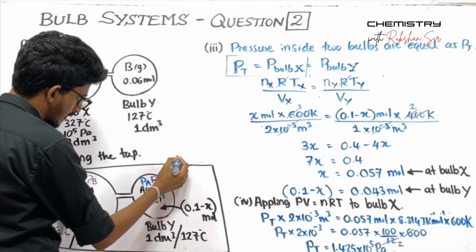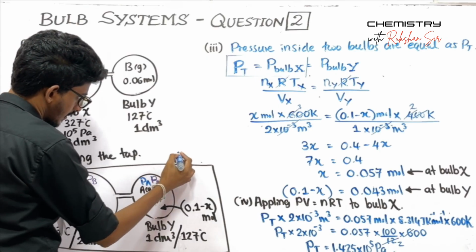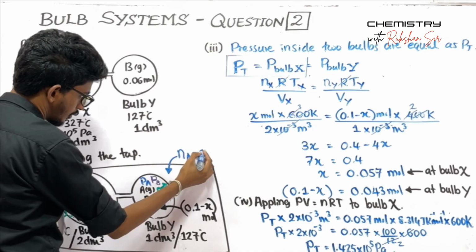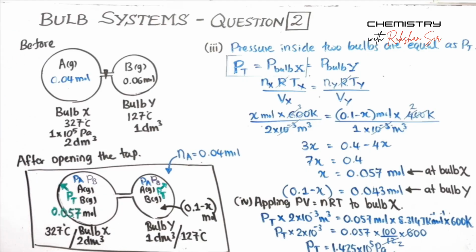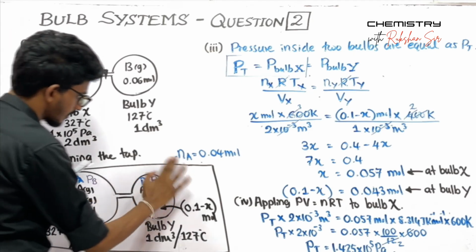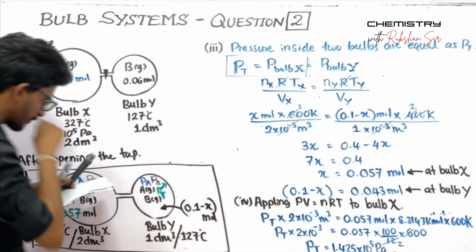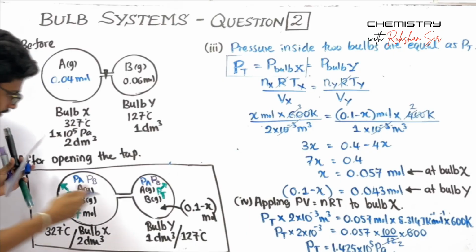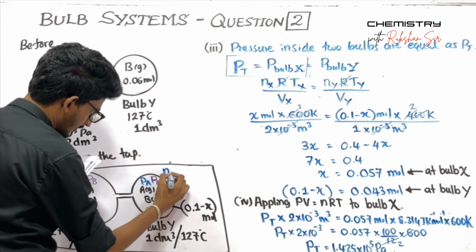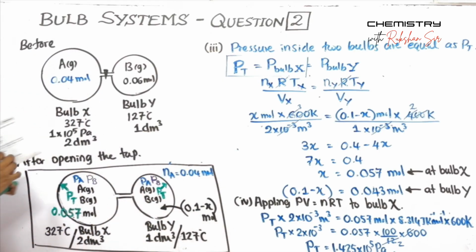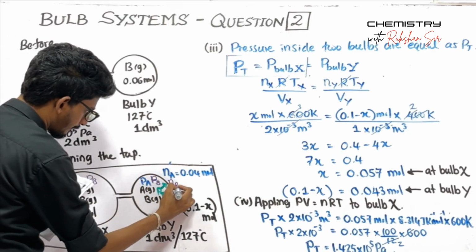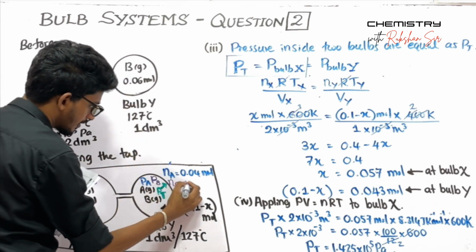The number of moles of A is 0.04 moles, and the number of moles of B, I write it here: 0.06 moles of B.